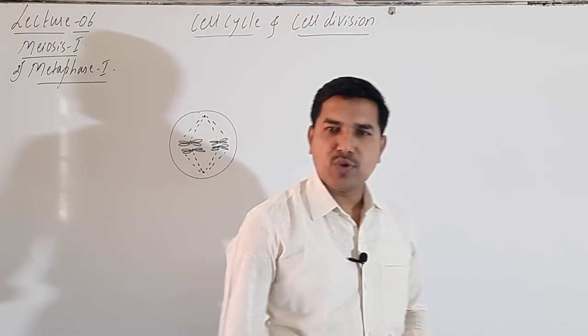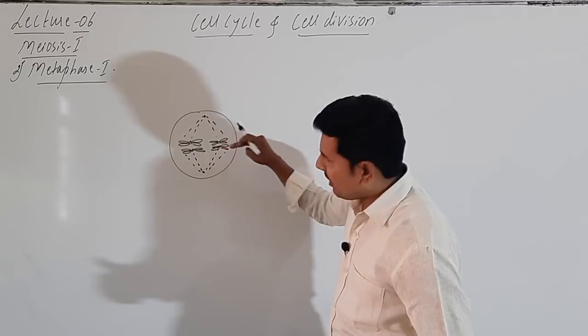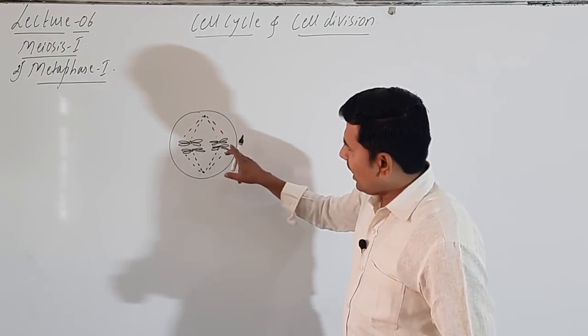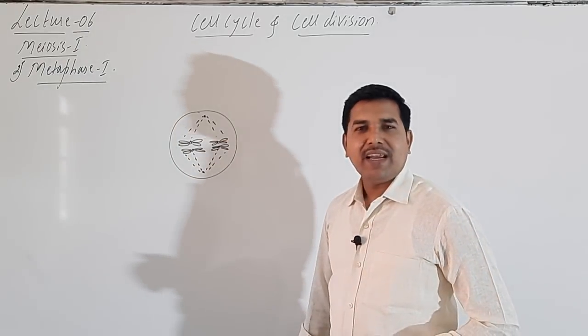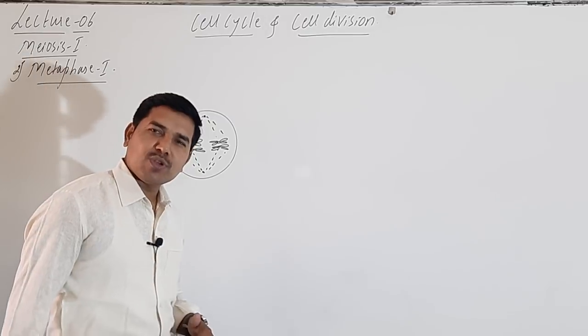Now all the chromosomes are arranged at the equatorial plane, forming 2 metaphase plates, because the homologous chromosomes are aligned at the center. They are present at the center. We call them homologous chromosomes.